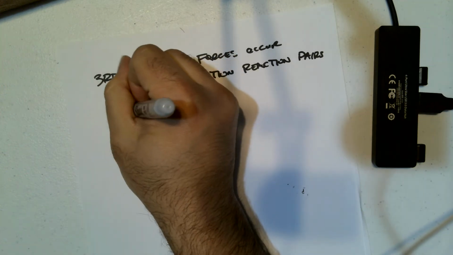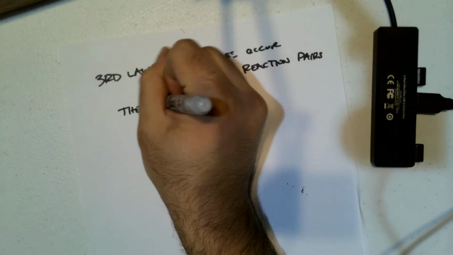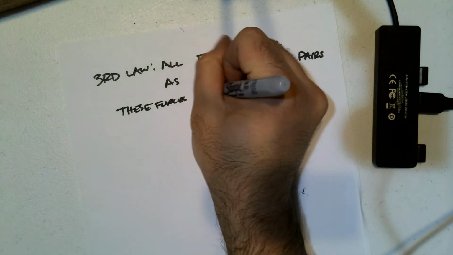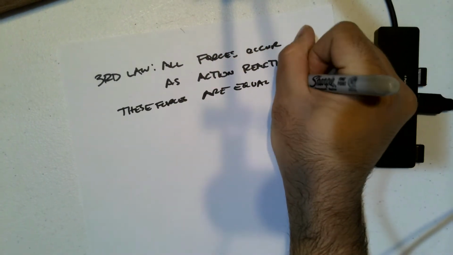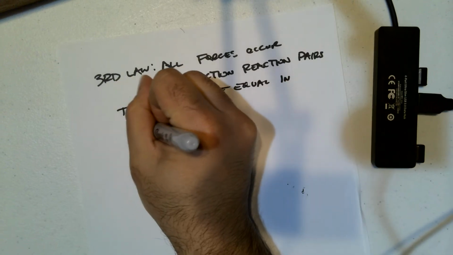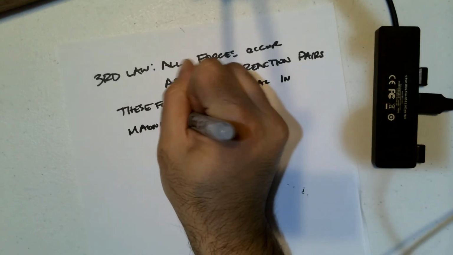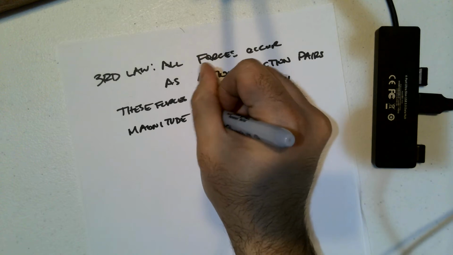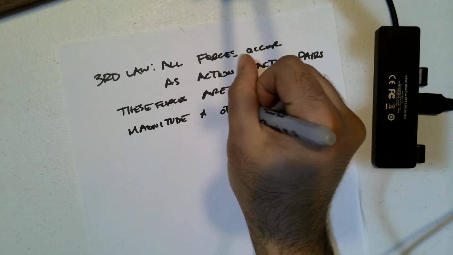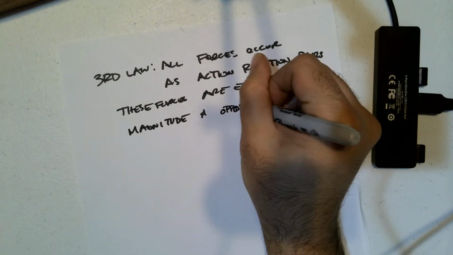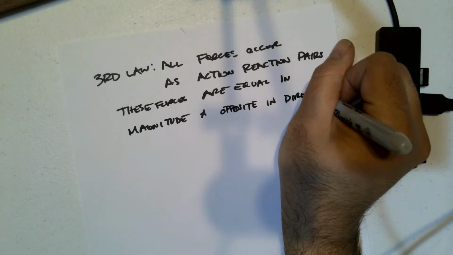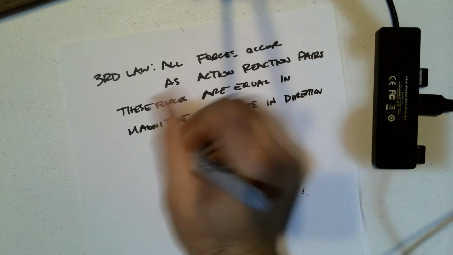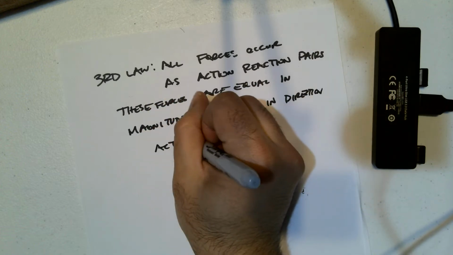And these forces are equal in magnitude, and in addition to that, they are opposite in direction. And then the last thing we have to make note of is that these forces are acting on separate objects.